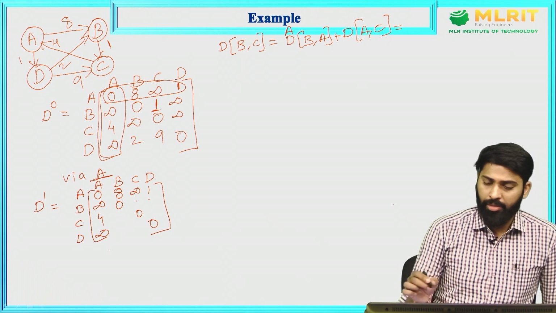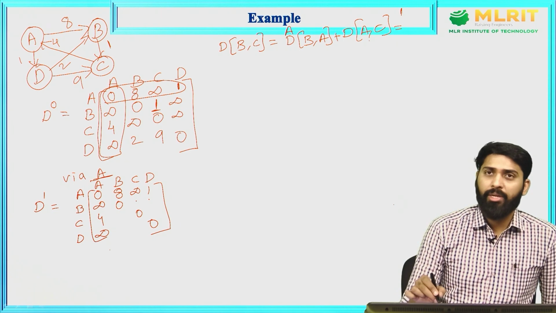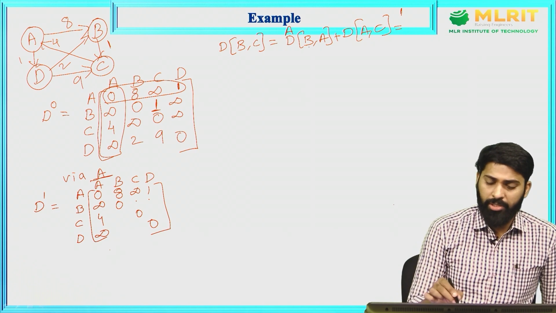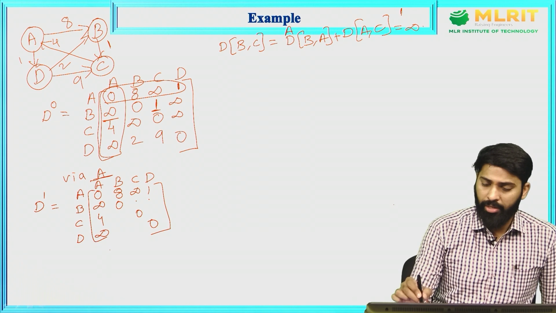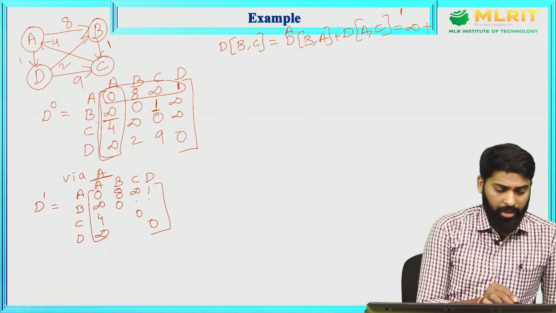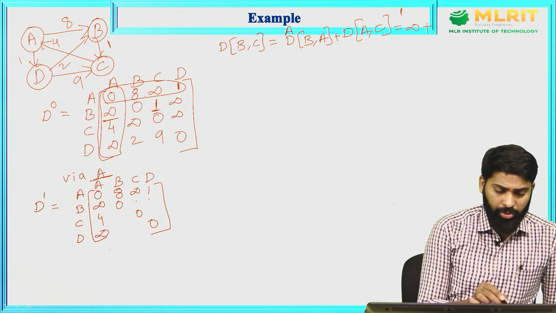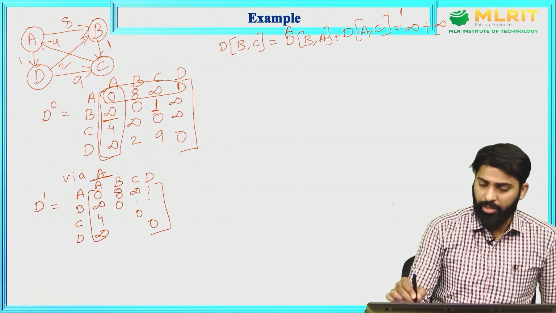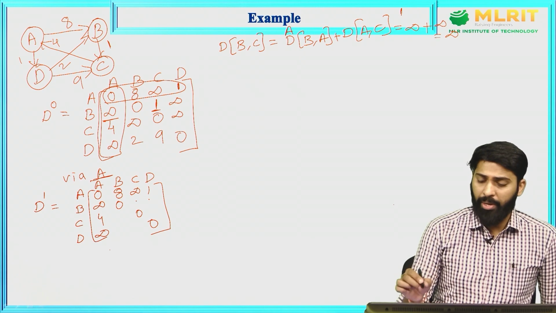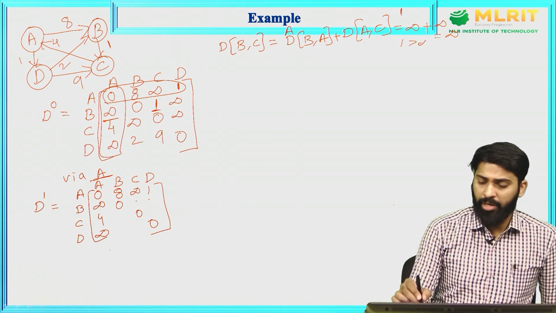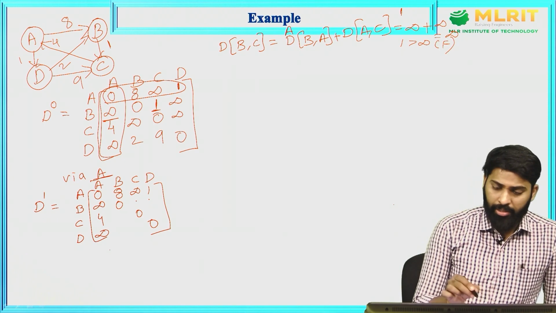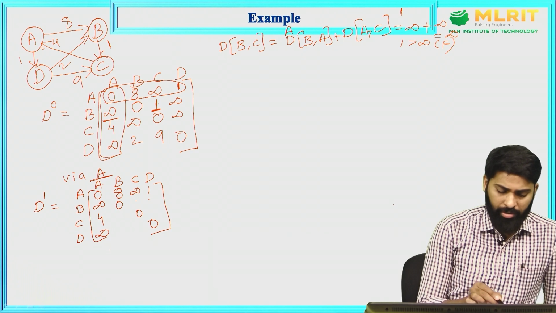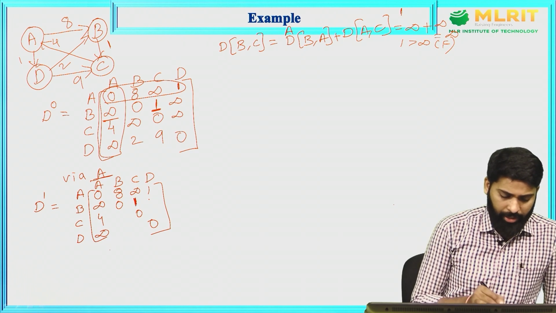So we are going to compare the result with 1 here. So what is distance of B to A? B to A distance is infinity plus distance of A to C is infinity, that equals infinity. Now compare, 1 greater than infinity, false. So I write the same value here. What is the value? 1. So 1 I write here.